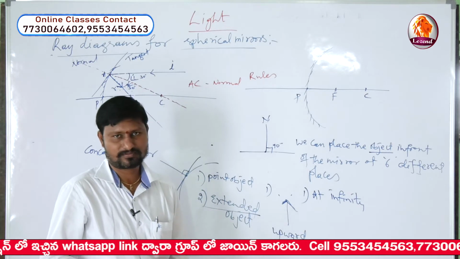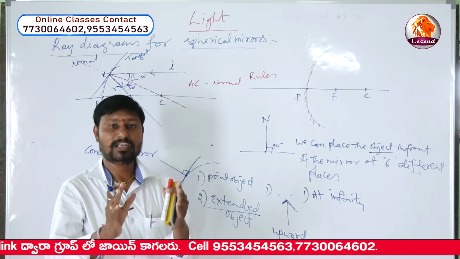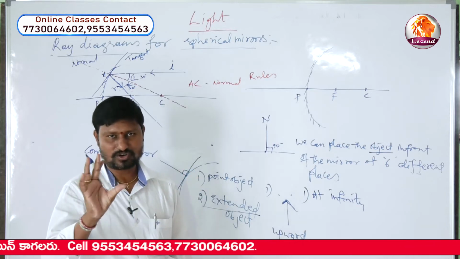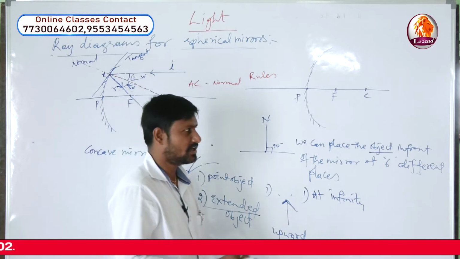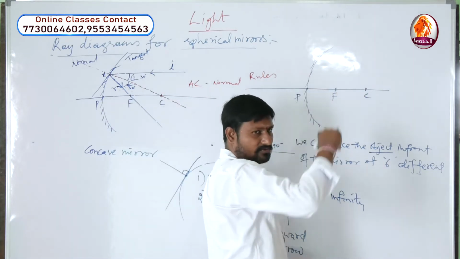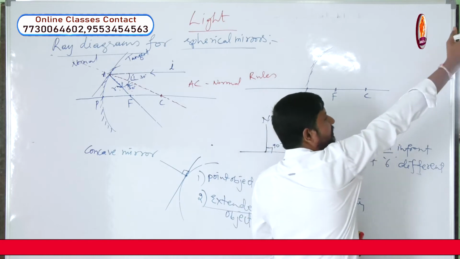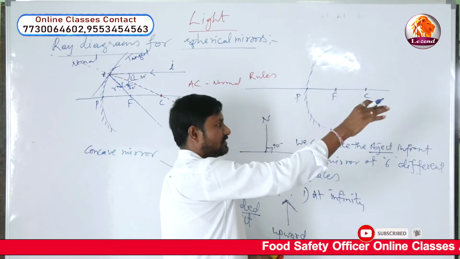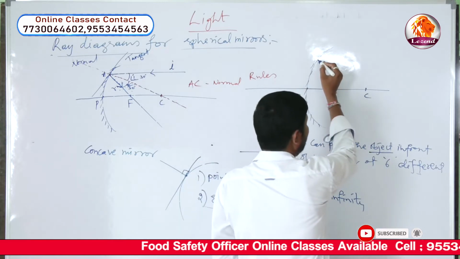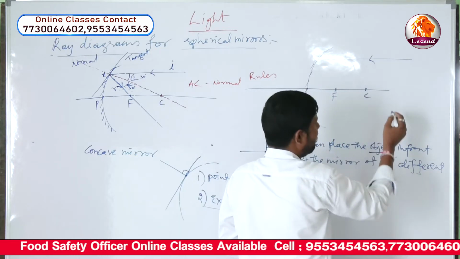What is the nature of the image, size of the image, and position of the image. Position means here the object is at infinity. Infinity means very far away from the mirror. And generally such far away from the mirror, in order to show, we use parallel rays.